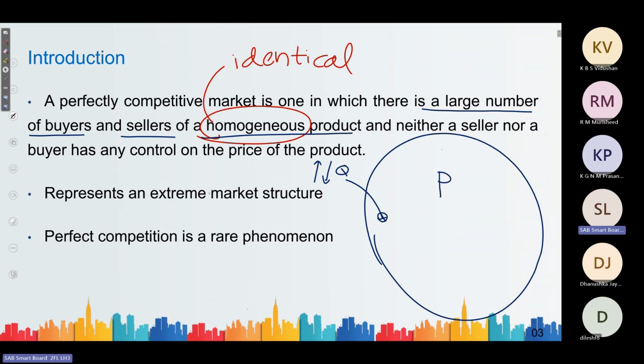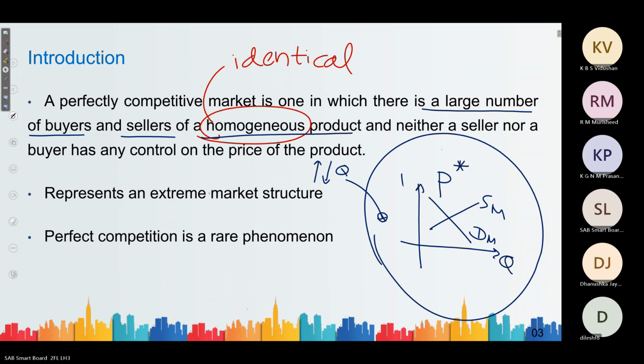The market price is set by market demand and market supply forces. By changing the quantity supplied by this particular firm, the market price cannot be changed because it has only very limited, negligible power.